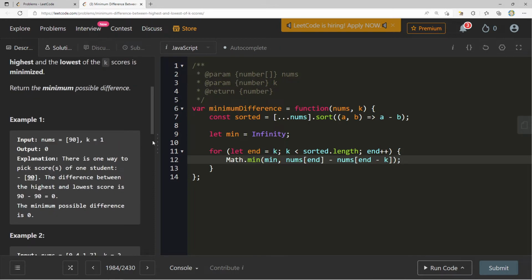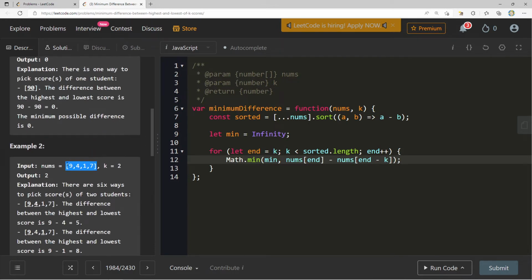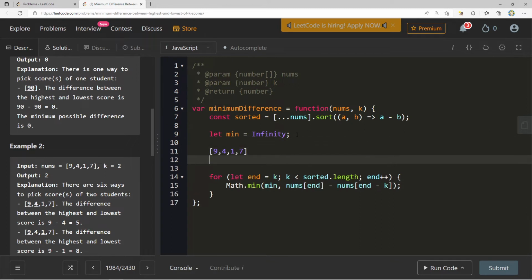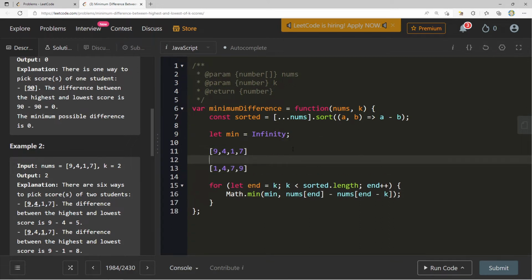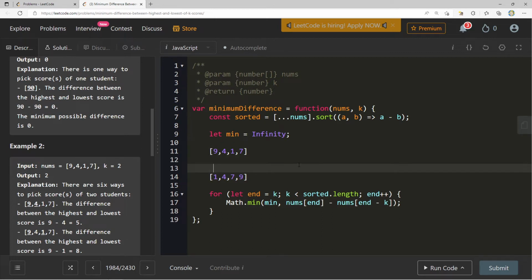So let's see what this means here, right? We have 9417, which ends up being 1479. So end is equal to k, which in this case k is 2, so end is here. K is less than sorted dot length, n plus plus, math dot min, and maybe n should be equal to k minus 1.